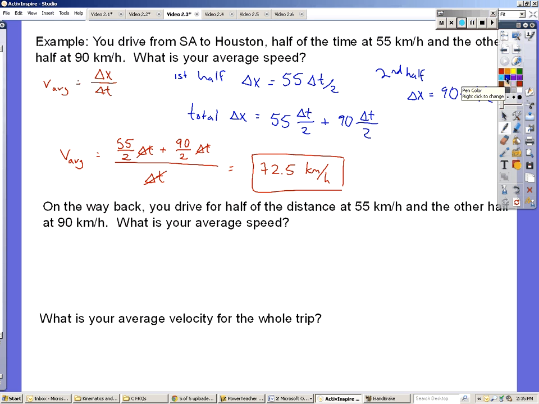For this one, you'll have to imagine the first half time, and remember if we go from the equation v equals delta x over delta t, the first half time equals the distance in the first half, delta x over 2, divided by the velocity in the first half, 55. And the time in the second half is equal to half the distance divided by the speed in the second half, which is 90 kilometers per hour.